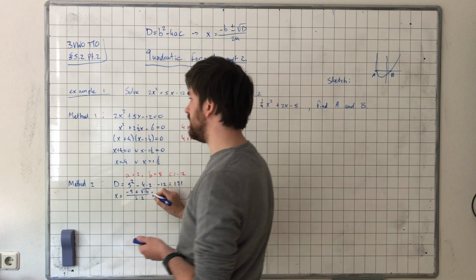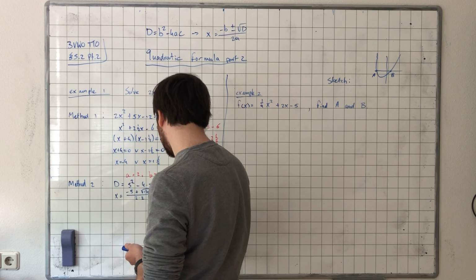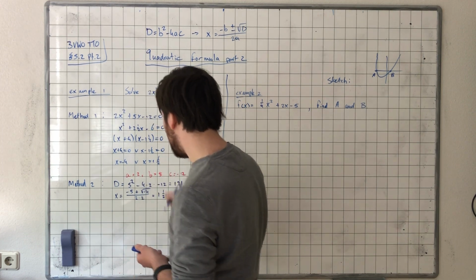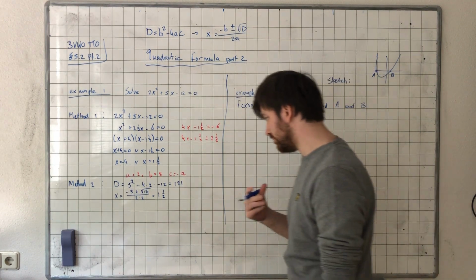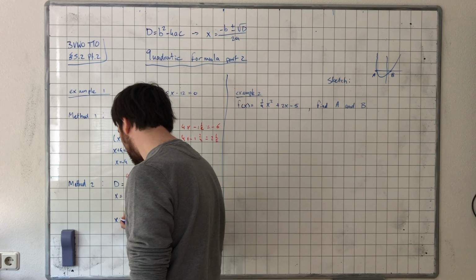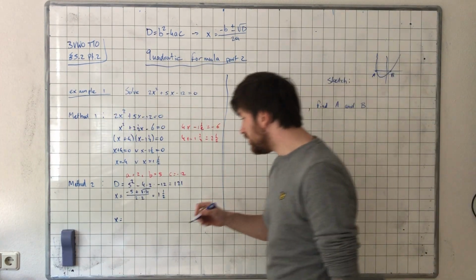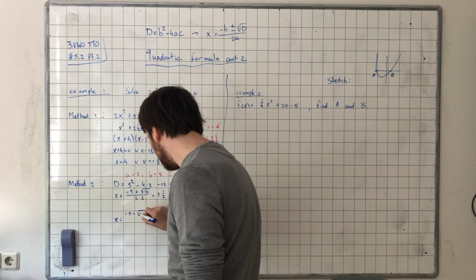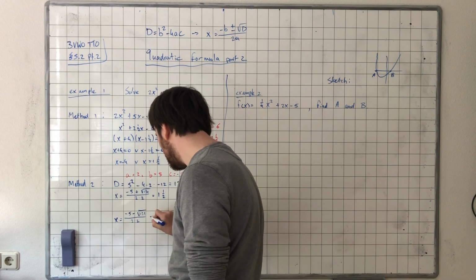Minus 5 plus 11 is 6, divided by 4 is 1.5. And our first solution is here again, which is good, because we want to find the same thing, because otherwise one of our methods would probably be incorrect. Then the other one, minus 5 minus the square root of d, minus the square root of 121, divided by 2 times 2.